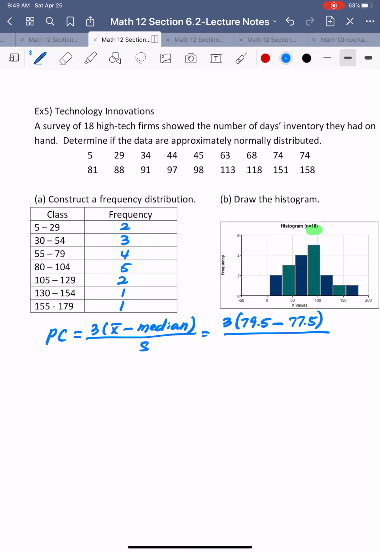Finding s gives 40.454, so the coefficient becomes 0.14, which is between negative 1 and 1.